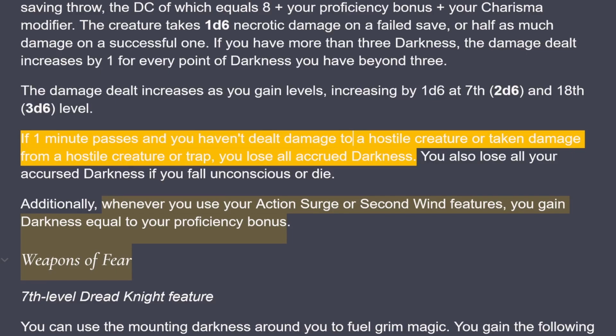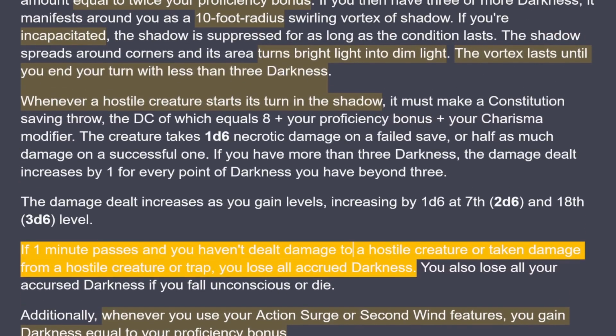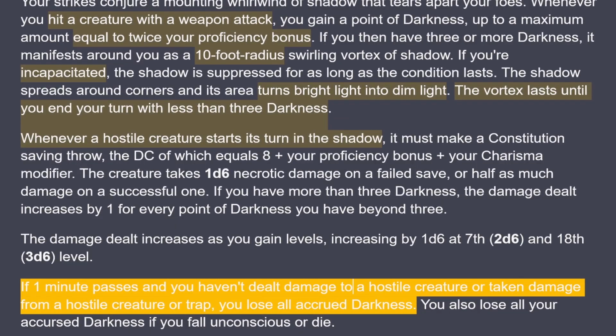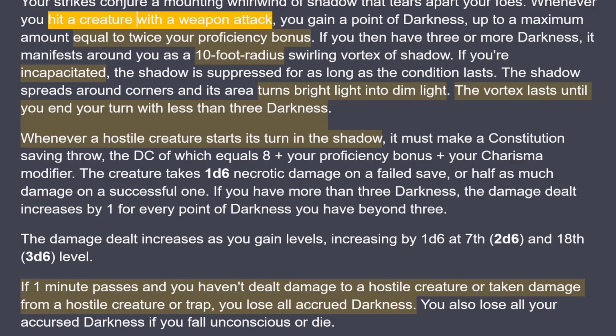So what I'm getting here is, in theory, every combat we're going to start at 0 darkness points and we're going to accrue some during the course of the fight, over however many rounds the combat lasts, because you only get it when you hit a creature, remember. And let's just say you're not optimizing and you normally have just one attack per round and maybe a 60-65% chance to hit, depending on how you average.